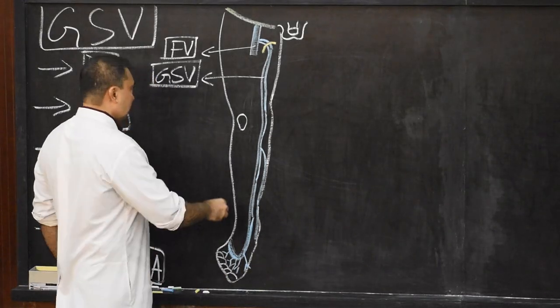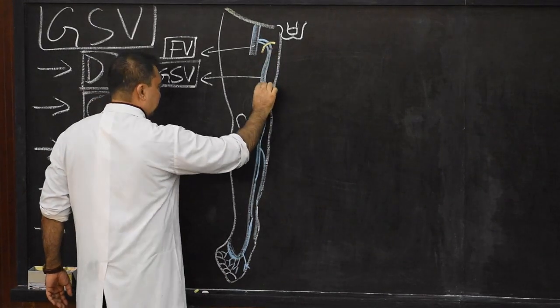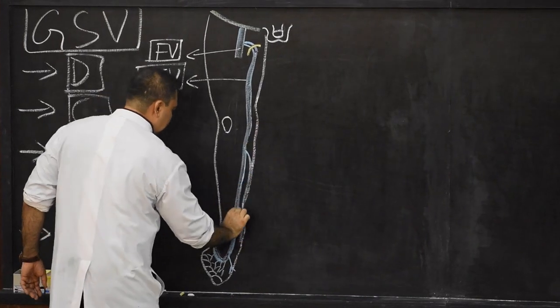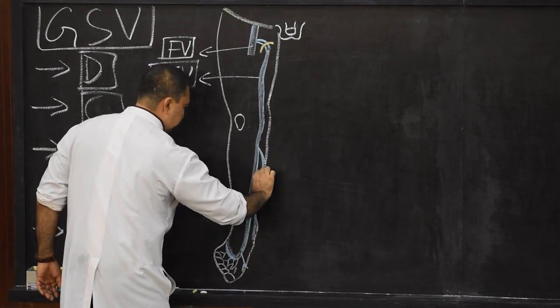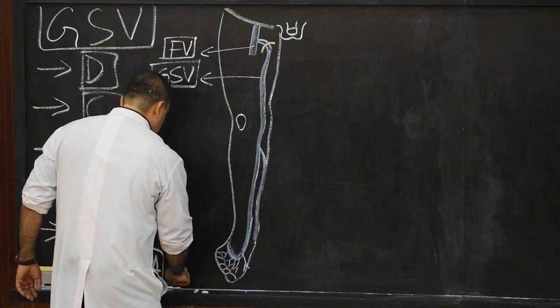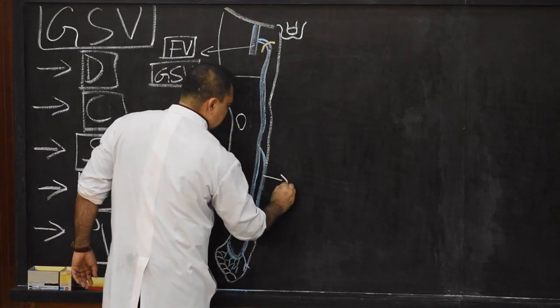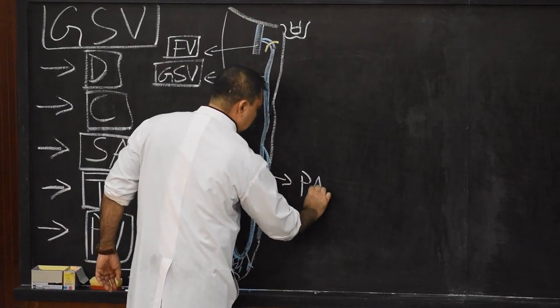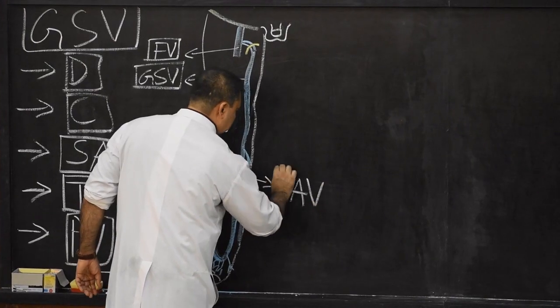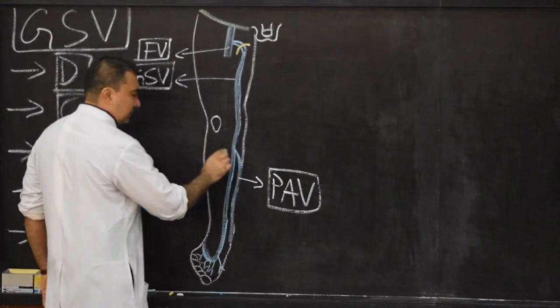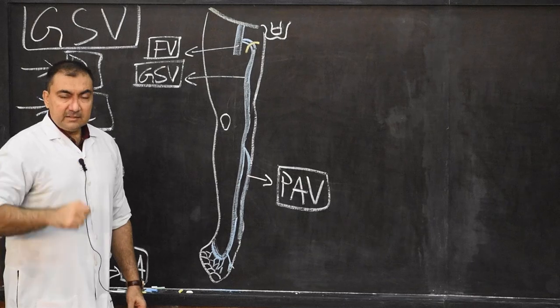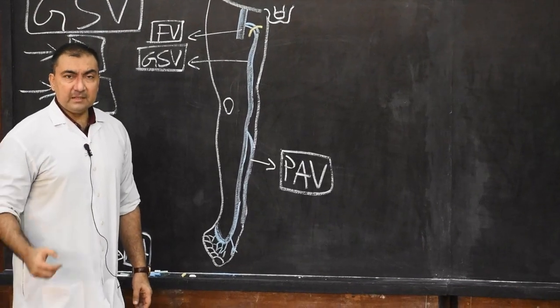First I will give some color here and complete this. And here we have to write, this will be the posterior arch vein, draining the blood from the posterior medial side of the leg.